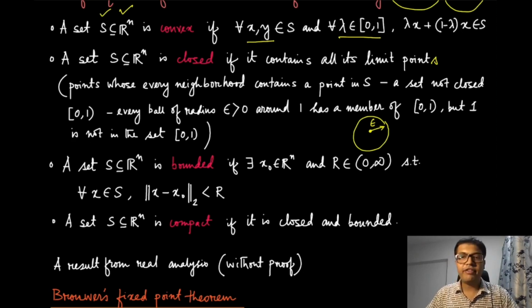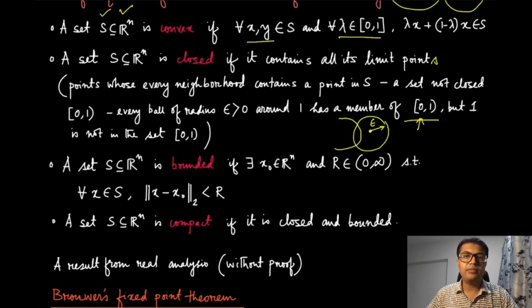And for every such circle, no matter however small it is, you will have some points of S that live within that. So one classic example for a limit point of a set is when the set is, let's say, 0, 1 open. When it is open on this 1, it means that it does not contain 1, but all the numbers which are arbitrarily close to 1 live inside this set.